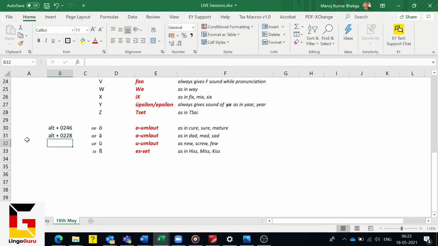That's the shortcut key for this one. And for ü it is alt plus 0252. For ß it is going to be alt plus 0223. These are certain shortcuts which will give these accents or the vowels.